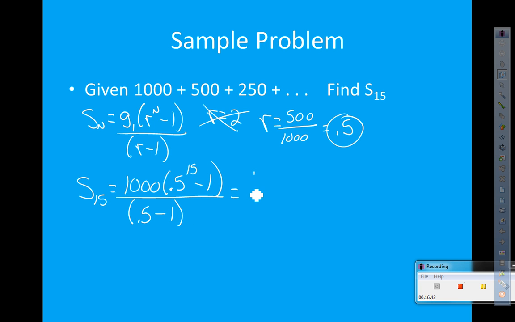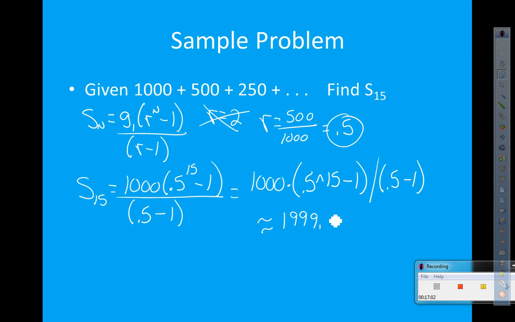When you type this in your calculator, 1,000 times parenthesis, 0.5 caret 15 minus 1, close your parenthesis, divided by parenthesis, 0.5 minus 1. If you do that, you're going to get about 1999.9. I rounded, so notice I used approximately. But that's how the story goes.